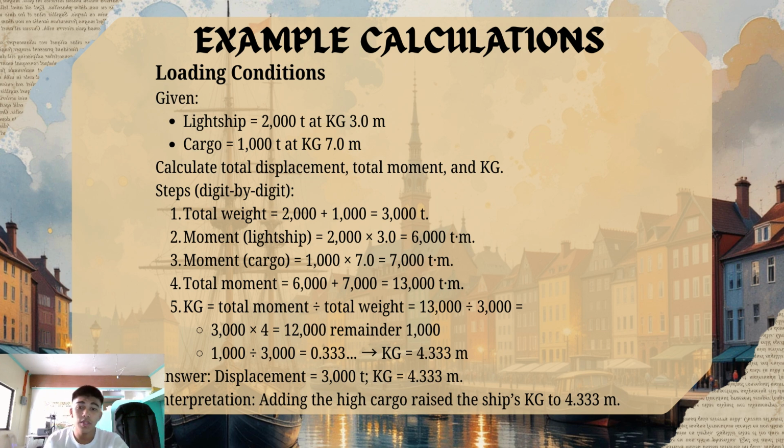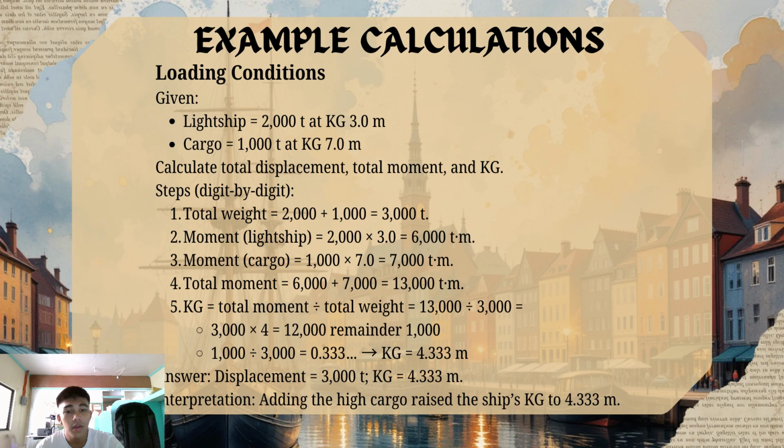And to compute naman yung KG natin, ang formula doon is KG is equal to total moment divided by total weight. So, ang nakuha nating total moment is 13,000. I-divide lang natin ito sa 3,000 na nakuha natin sa total weight kanina. So, ang makukuha po natin doon is KG is equal to 4.3333.